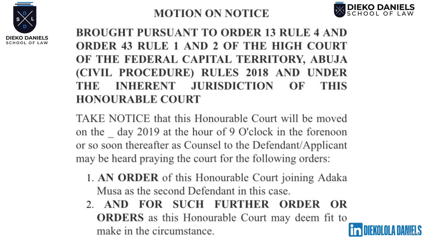Then we now go to the second order, which is the general order for all motions that says that if you want to bring any application, it should be by motion on notice or a motion ex parte, and that is Order 43. So we have Order 13, Rule 4, then Order 43, Rule 1, then we then have to bring it under the inherent jurisdiction of the courts.